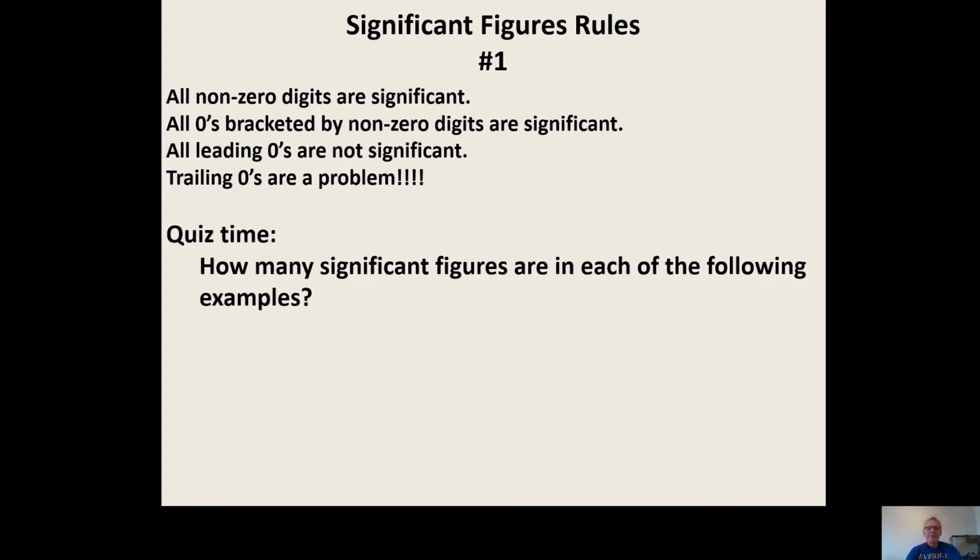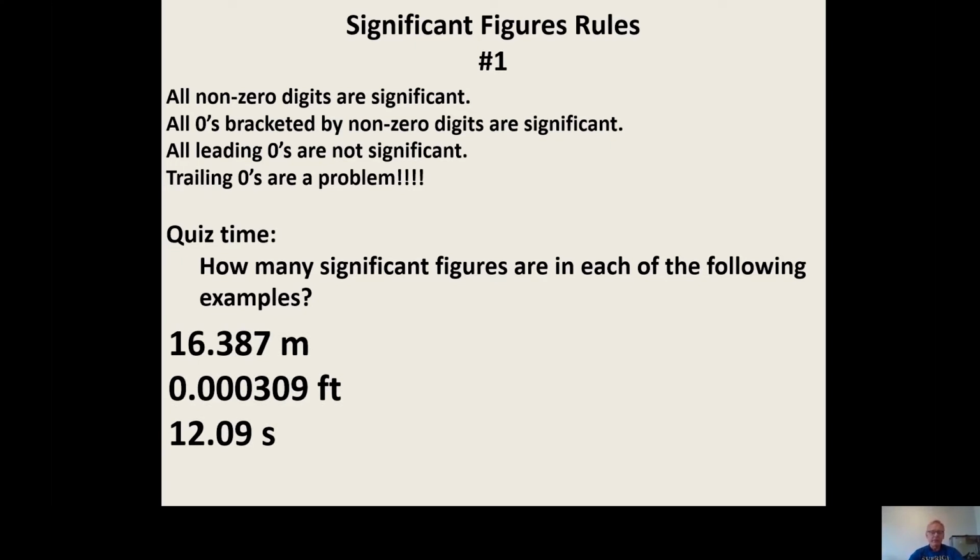So, quiz time. How many significant figures are there in each of the following? Okay. First one, everybody and his mother says 5. Why? Because there are no zeros there. They are all significant.